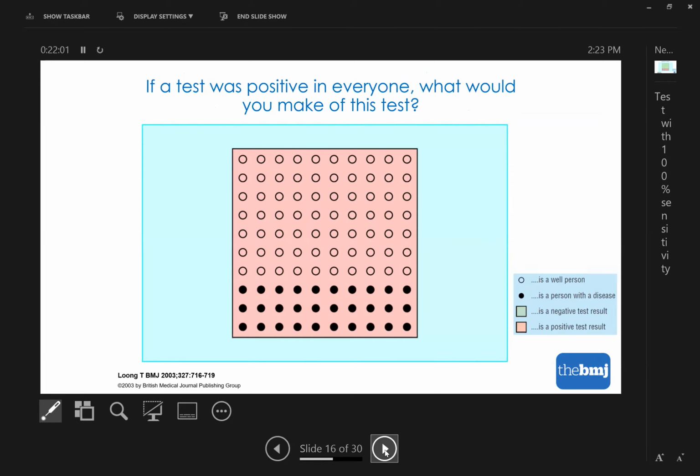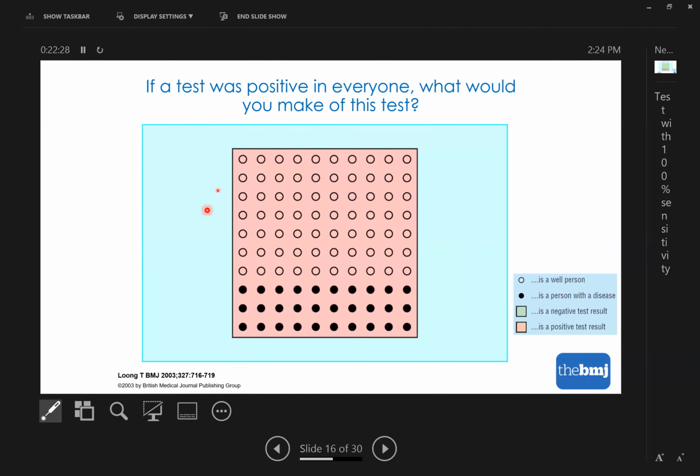Now, this is a terrible test. It has picked up all the black dots and they've all been declared as COVID-19 on this new test, but it has also taken every single healthy person and wrongly labeled them as COVID-19. This test is highly sensitive. In fact, it's perfectly sensitive because it has picked up all diseased people.